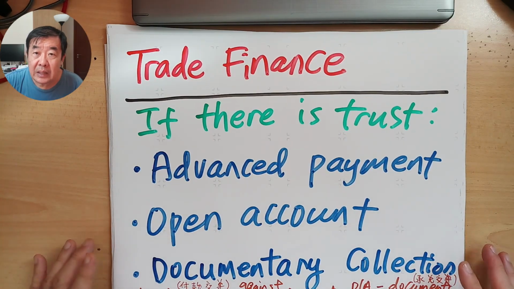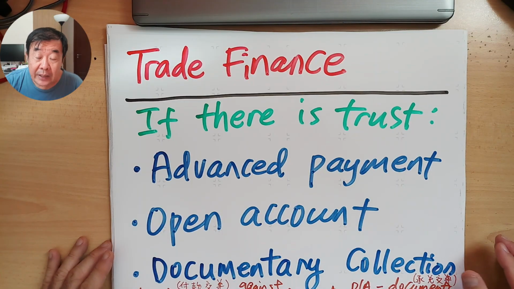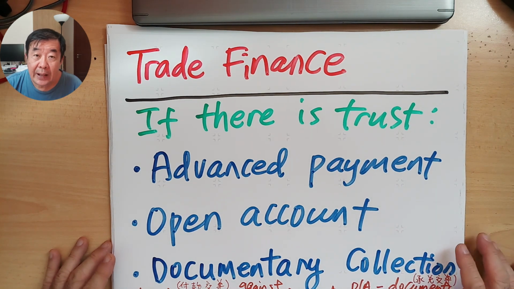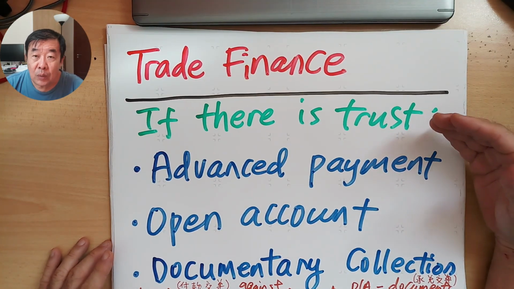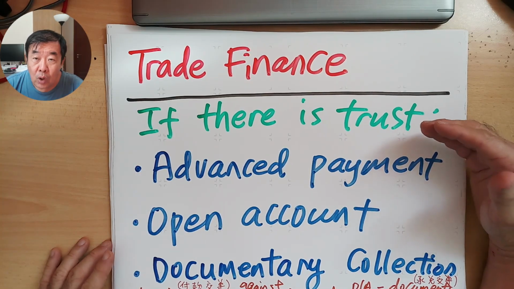If I don't see money, I'm not going to ship the thing to you. So in this case, either there is a reason for the exporter to be so demanding, or there is big trust between the importer and the exporter. So in this case, advance payment means that the importer will send the money over to the exporter, taking the risk that the exporter does not send them the goods.